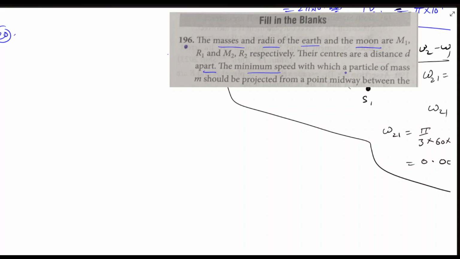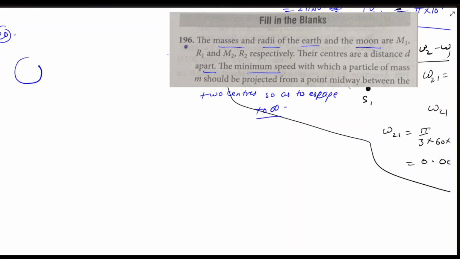The minimum speed with which a particle of mass m should be projected from the point midway between two centers so as to escape to infinity. Okay. So again, this question is similar to what we have discussed before.